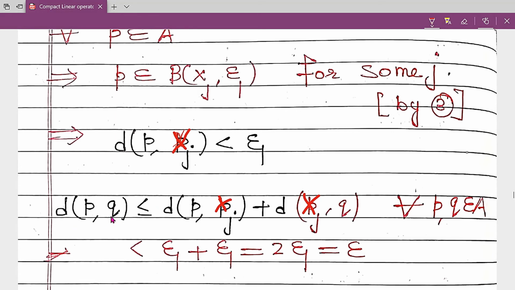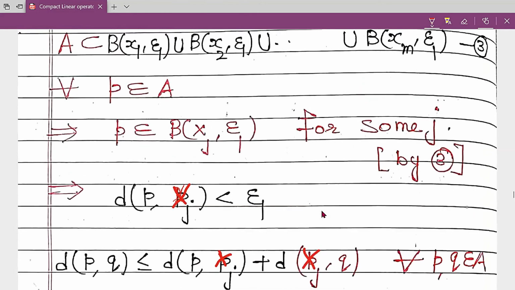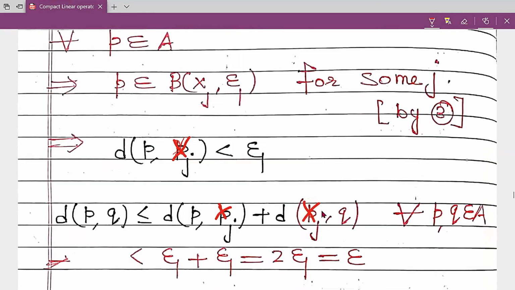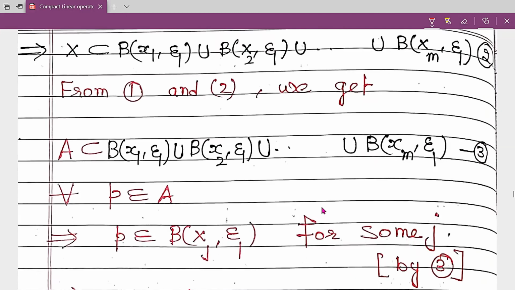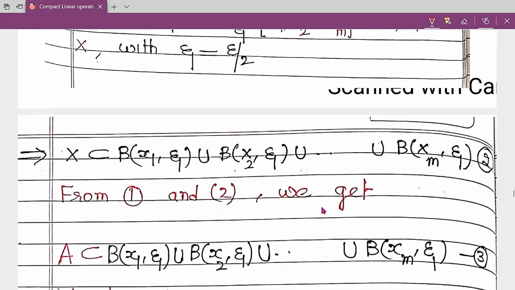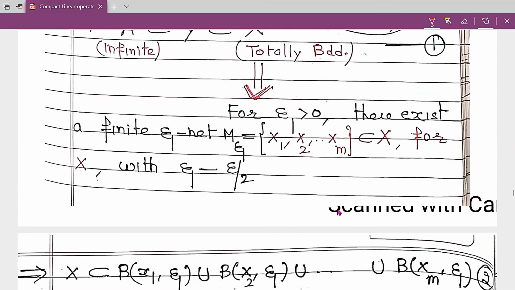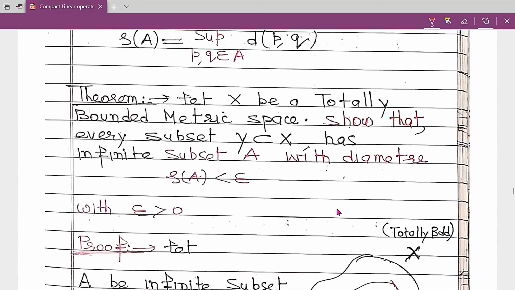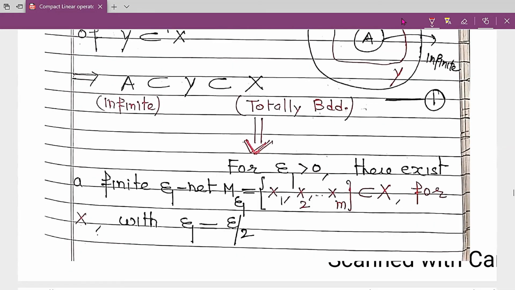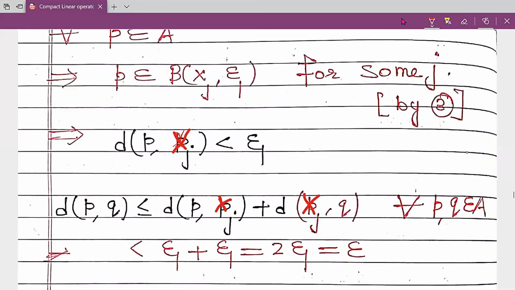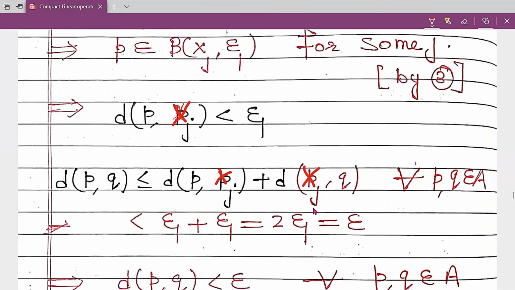Now the distance between p and q, by using the triangle inequality, is at most d(p, xj) plus d(xj, q). The first term is less than epsilon 1, and the second term is again less than epsilon 1. Why?